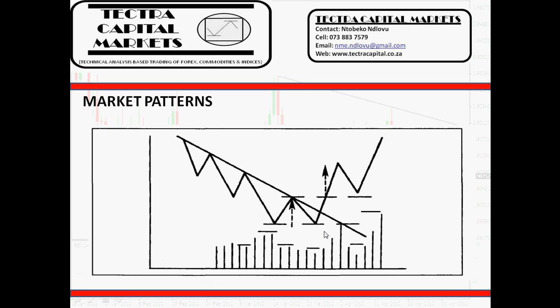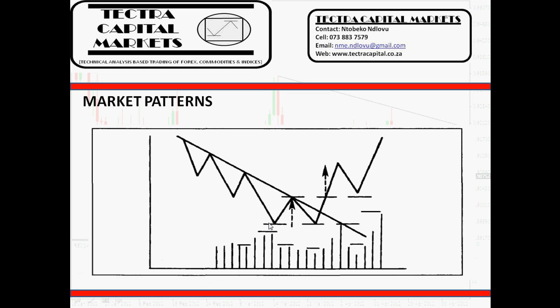This price pattern is called a double bottom. You can see that it's characterized by descending prices which are being resisted by the trend line, and all along they've been forming lower lows. So that low is lower than that one, and that low is lower than that one, and then suddenly the next low is no longer lower than the previous low.